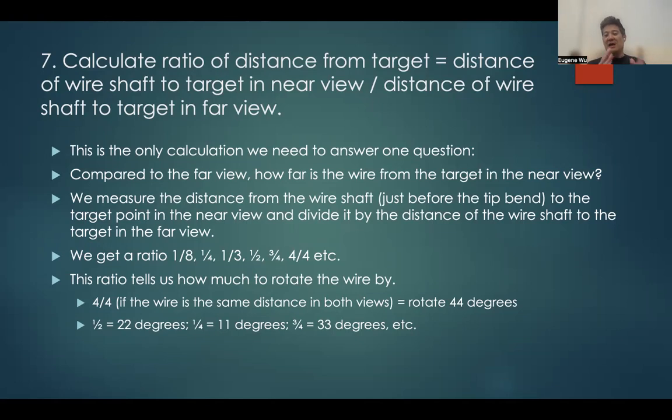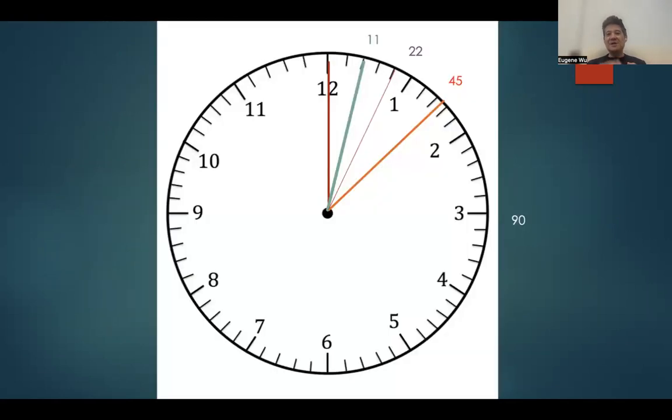The ratio tells us how much to rotate the wire by. If it's the same distance, rotate 44 degrees. If it's half, 22 degrees. If it's a quarter, 11 degrees. If it's 3/4, 33 degrees, etc. You multiply the ratio by the degrees. Now, how much is this turn? On the clock face, if we turn from 12 o'clock to 3 o'clock, it's 90 degrees.